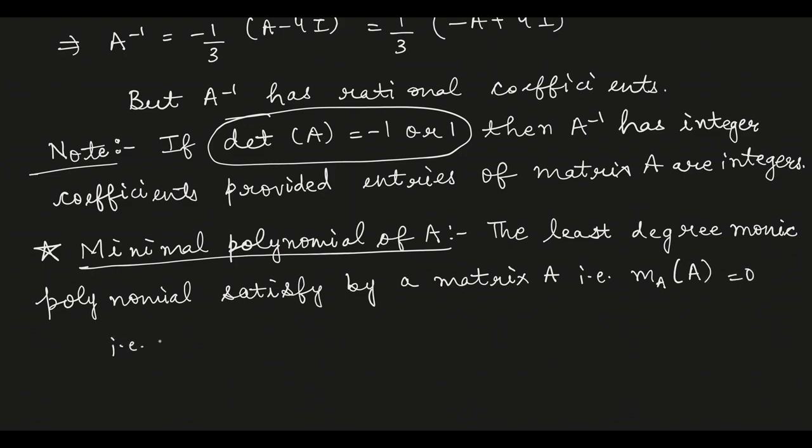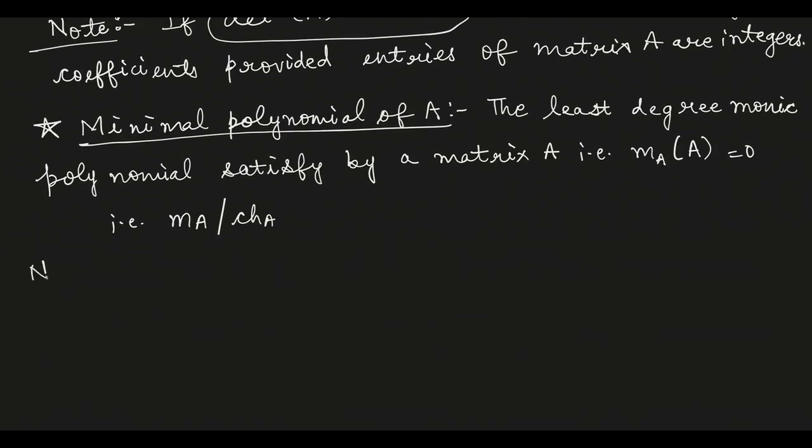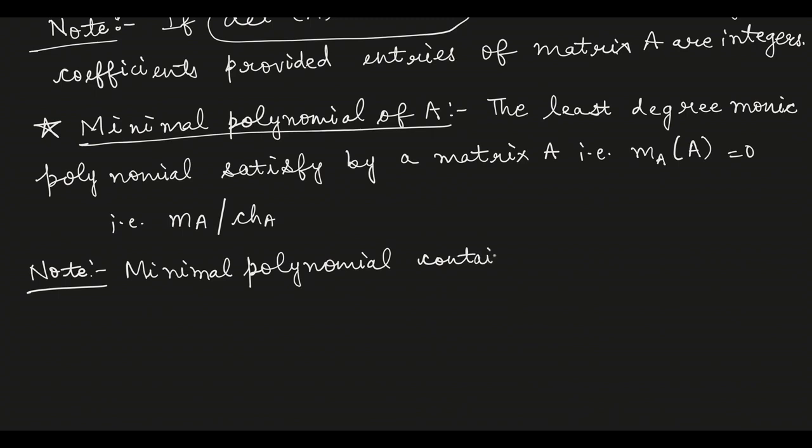Also, the minimal polynomial divides its characteristic polynomial. The minimal polynomial contains at least one factor of each eigenvalue.